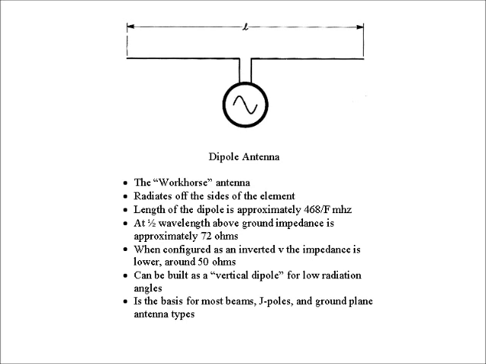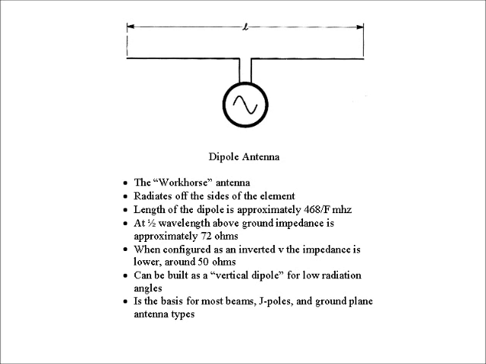The length of a half-wave dipole antenna is approximately 468 divided by the frequency in megahertz. So let's use my example. Let's take a 30 megahertz signal. I told you that a half wavelength of that is 5 meters.